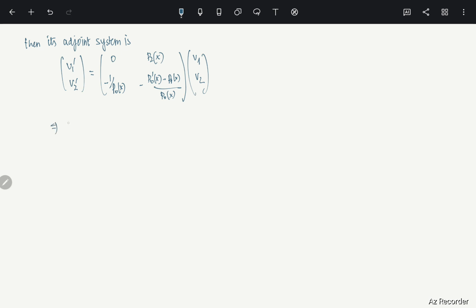Now if you write this, you see, v1 prime is nothing but p2 of x times v2, and v2 prime is nothing but minus 1 by p naught of x times v1 minus p naught prime of x minus p1 of x by p naught of x times v2. This is what you are getting. Now if you put everything together, and put this expression here, what do you get?